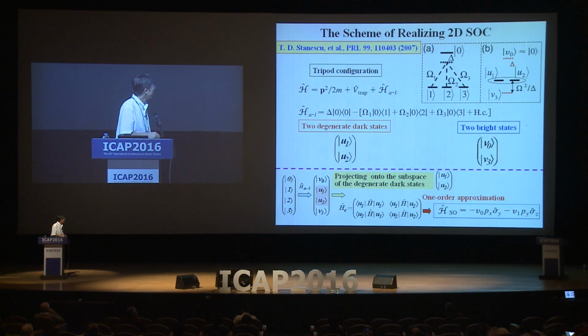Thus, we can project the Hamiltonian into the subspace of the degenerate dark states. We can obtain the Rashba and Dresselhaus spin-orbit coupling by first-order approximation.